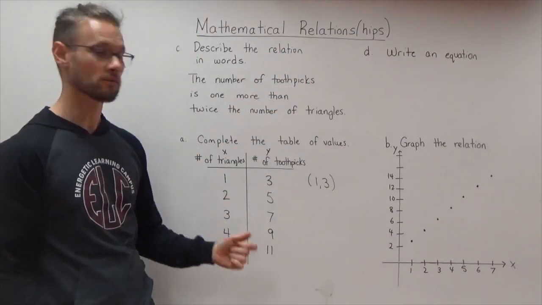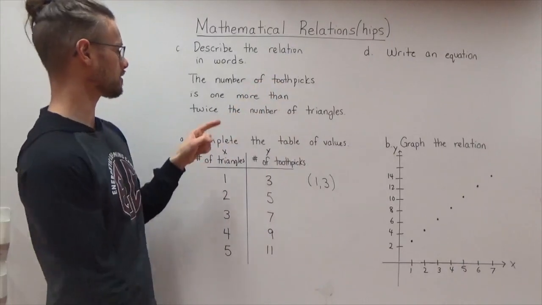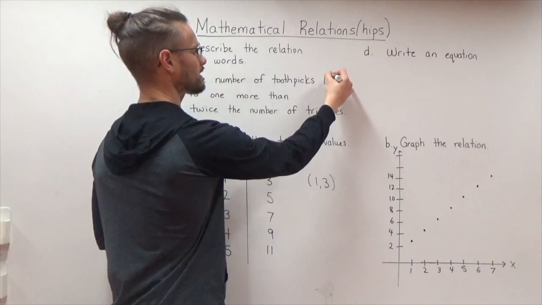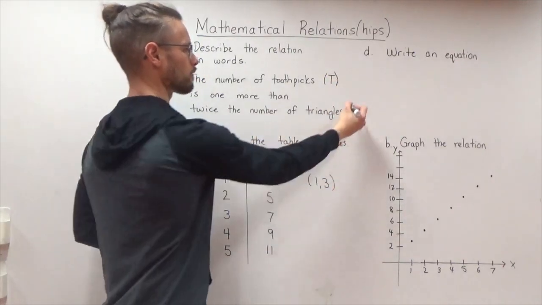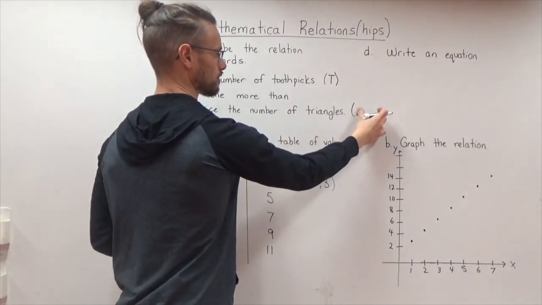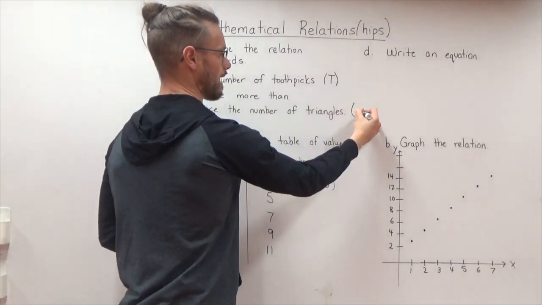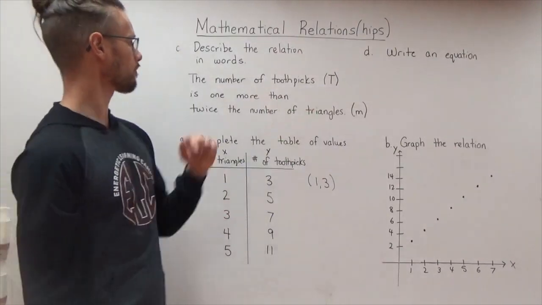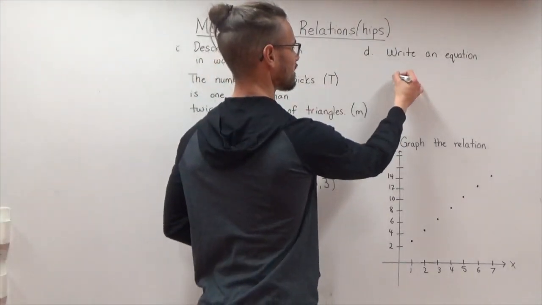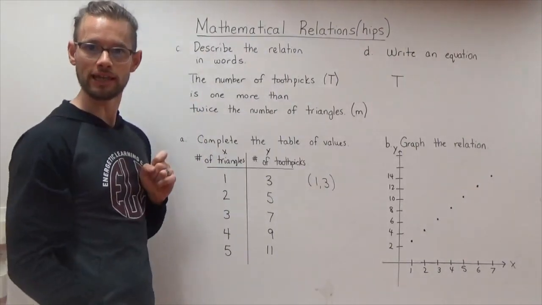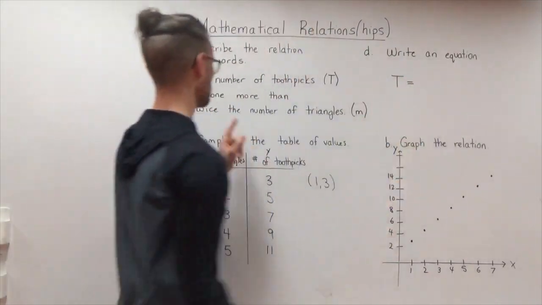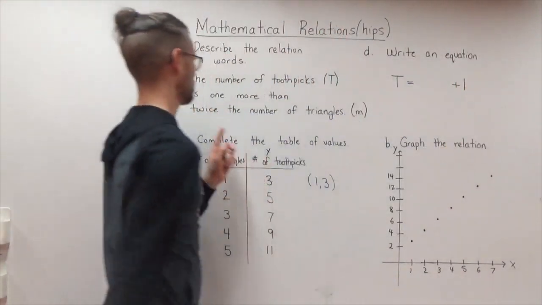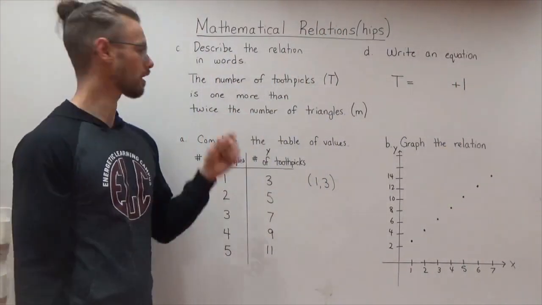So if I were representing this relationship as an equation, let's say that I called the number of toothpicks big T, and I called the number of triangles, just to keep it different, let's call it M. I'm not sure why I called it M. All right, well, the number of toothpicks T is, well, "is" in math means equals, 1 more, so I've got plus 1, then twice the number of triangles.